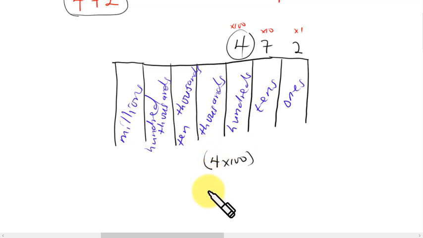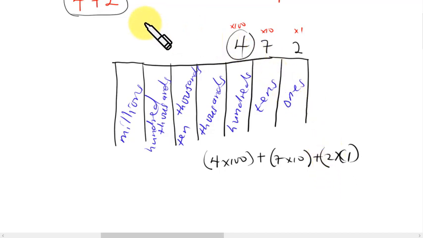So that is 400. And then we have plus, so we sum them. And because 7 is at the tens column, we say 7 times 10. Then we say plus 2 times 1. Now, when you write this, we call this the expanded notation.